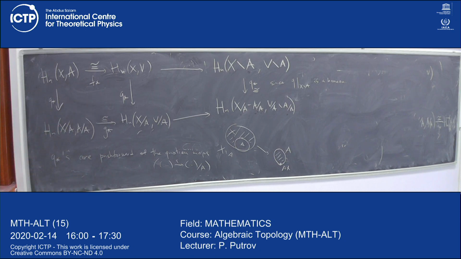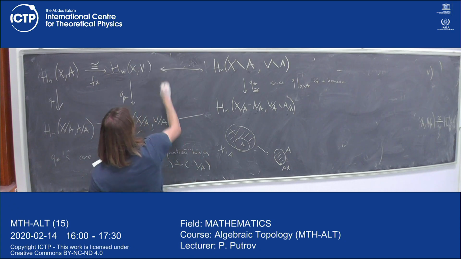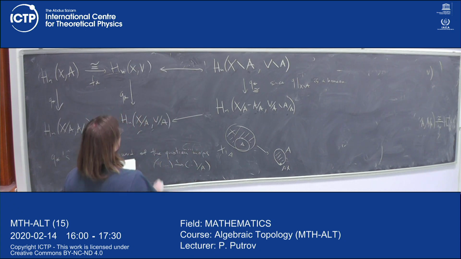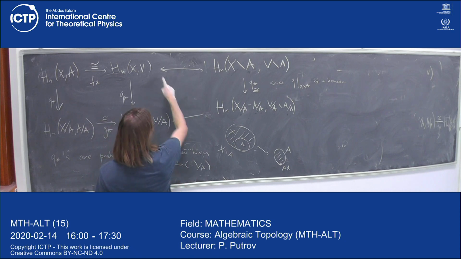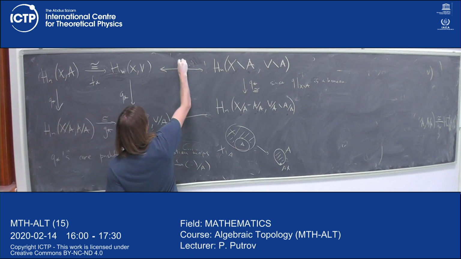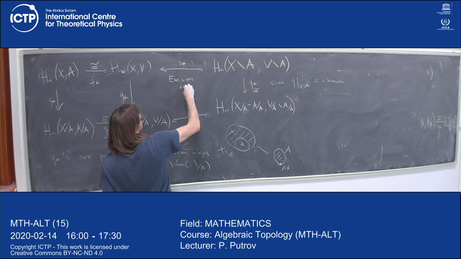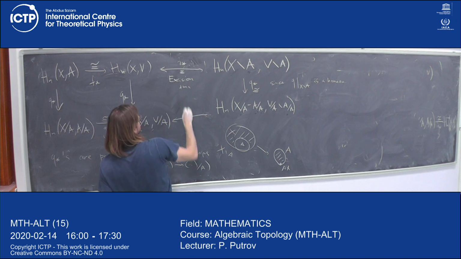So we showed that there are isomorphisms like this. And sorry, this arrow should be this way. Well, that doesn't matter. To construct these maps, they will be as in the excision theorem. And we know that this is an isomorphism.